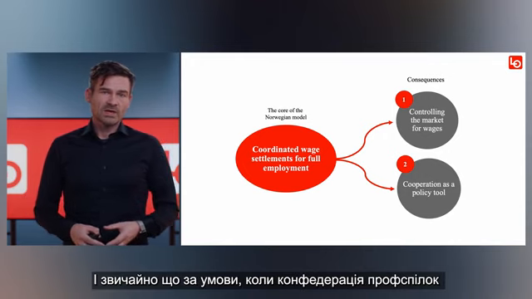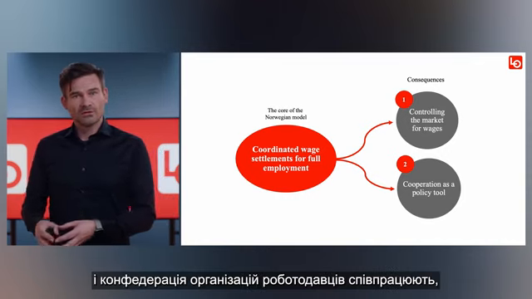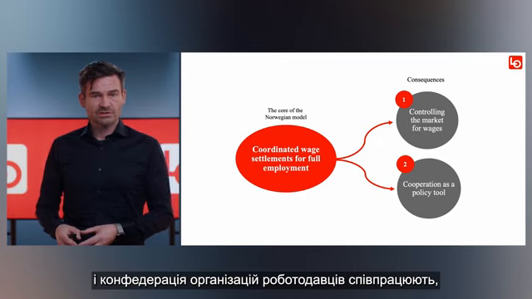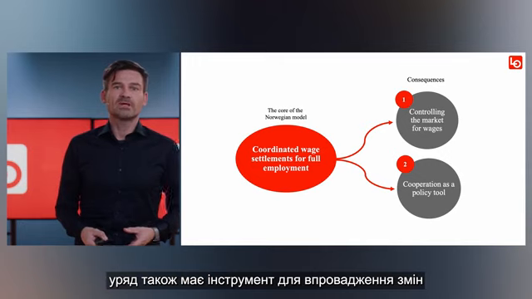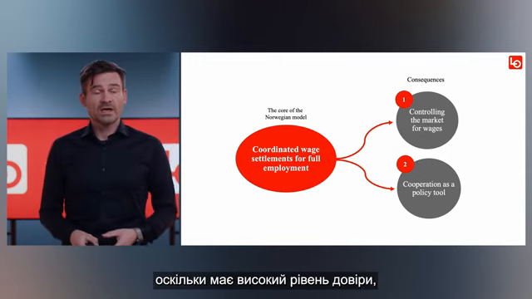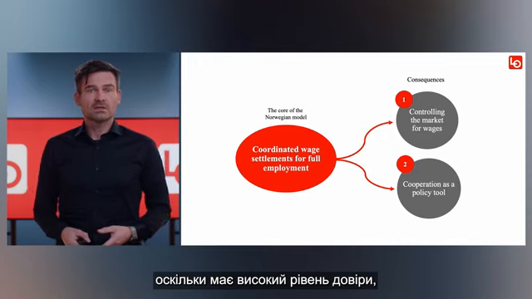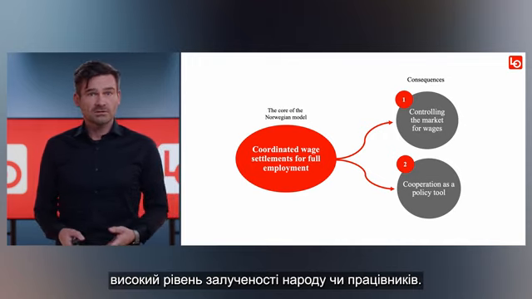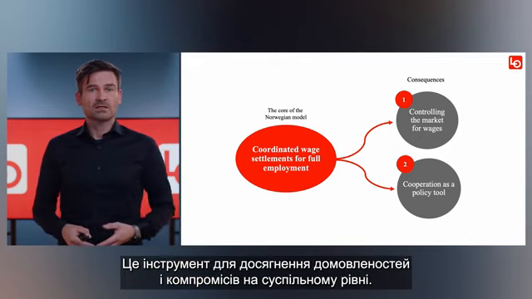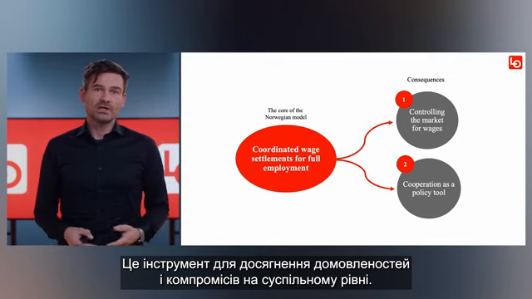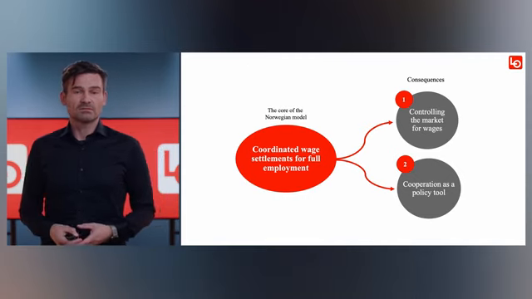And of course, when we have the Confederation of Trade Unions and the Confederation of Employer Organizations together, the government also has a tool to implement change in a way that has a high level of trust, high level of involvement from the people or the workers, and it's a tool to reach agreements and compromises on a societal level.